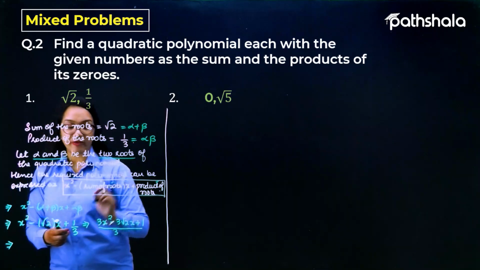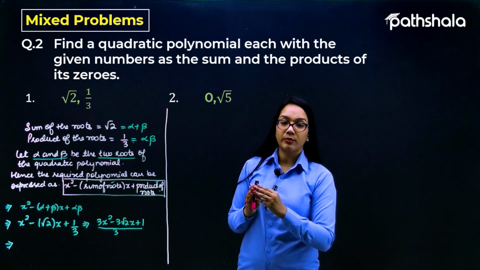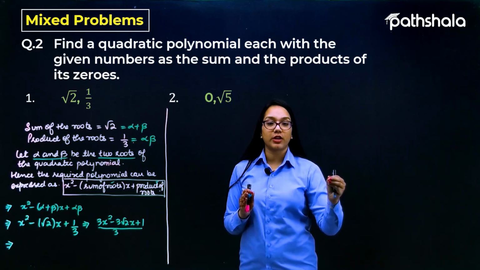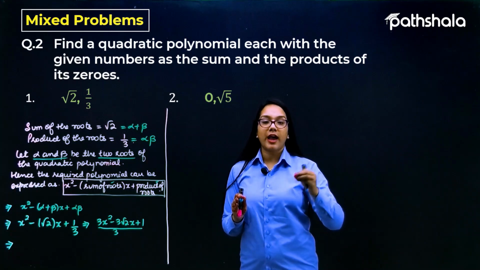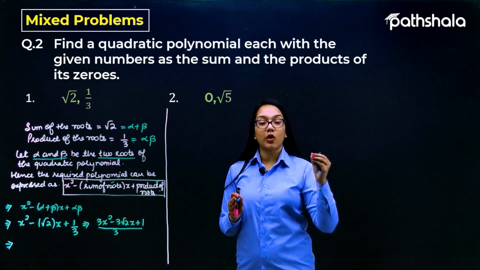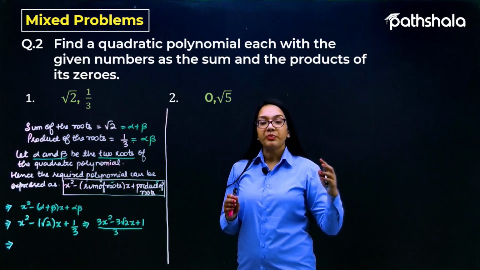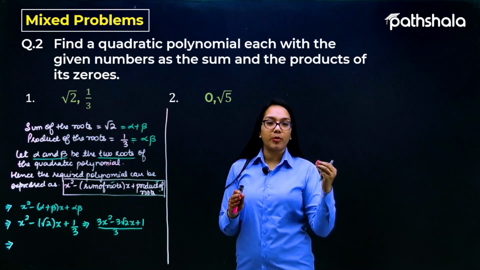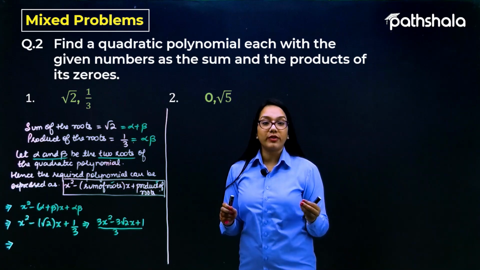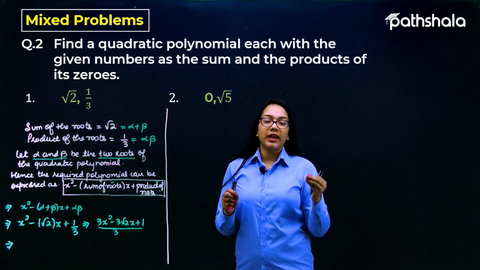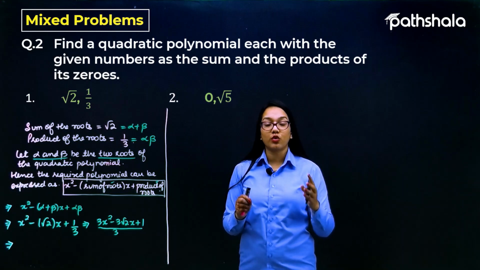Because like we did in the previous question, we found the answer with the help of the comparison method, and at the end we concluded that the given quadratic polynomial was one of the quadratic polynomials, and there are many others which can be expressed in the form k into (ax square plus bx plus c), where k is any constant.